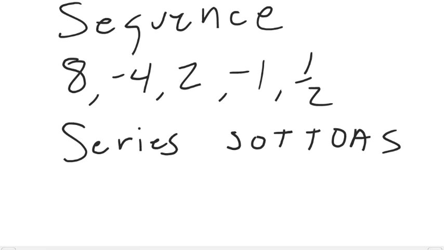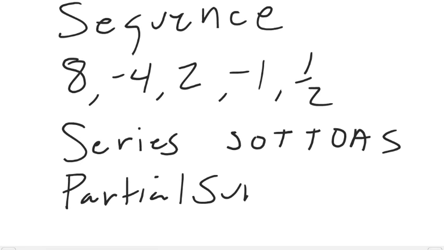Now, we have a sequence that's a collection of numbers, a series that's the sum of the terms of a sequence, a partial sum that's the sum of some of the terms of the sequence, the first n terms of a sequence.